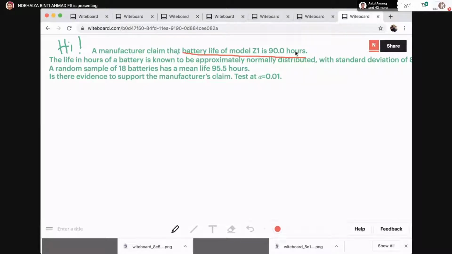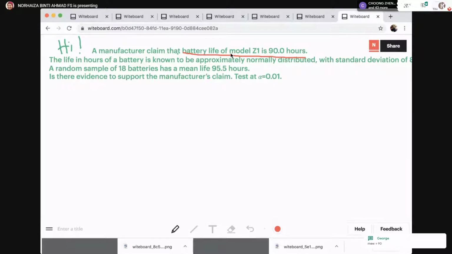Can you tell me how to write this sentence in terms of an equation? Battery life of model Z1 is 90 hours. Can you tell me how to write this statement as an equation?